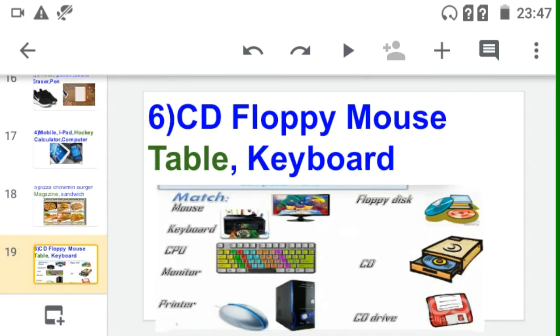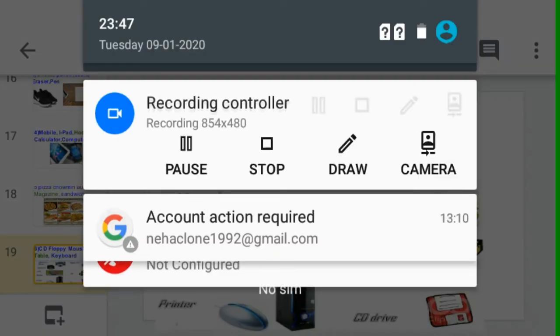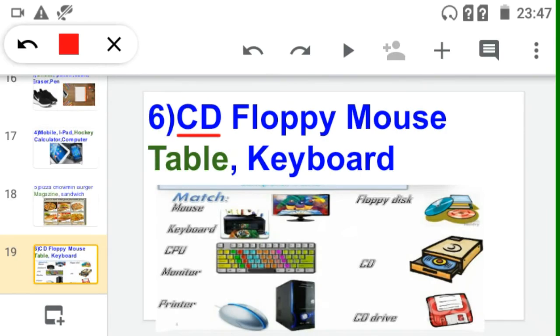Now see the sixth question. First thing is a CD, second is a floppy, third is a mouse, fourth is a keyboard, and there is a table. So CD, floppy, mouse, keyboard. These are also machines.